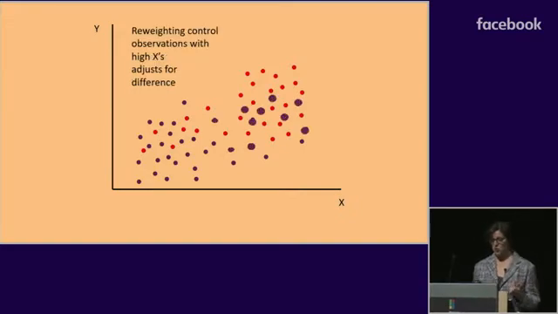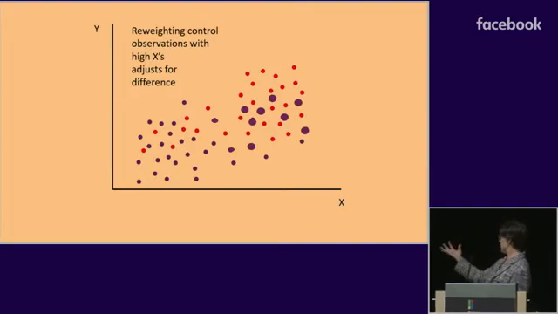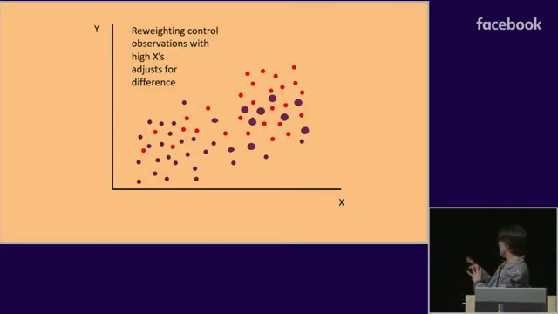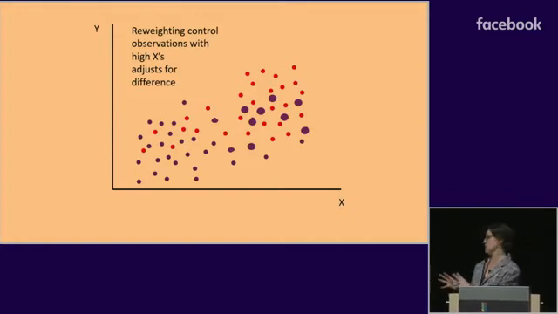The first thing you can do is just reweight the guys. So we can take the guys with high x's, and I did this by hand, so apologies, my blobs aren't perfect, that the guys with higher x's in the control group get weighted a little more than the guys with low x's in the control group.